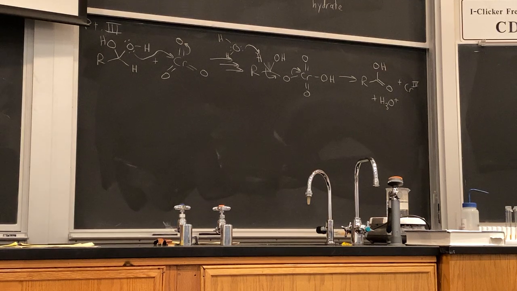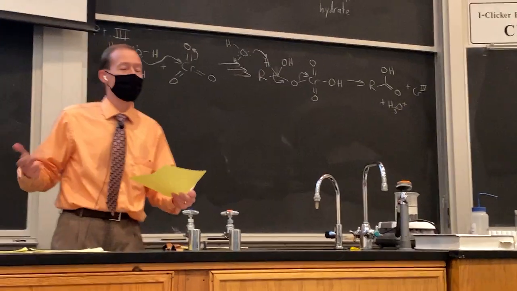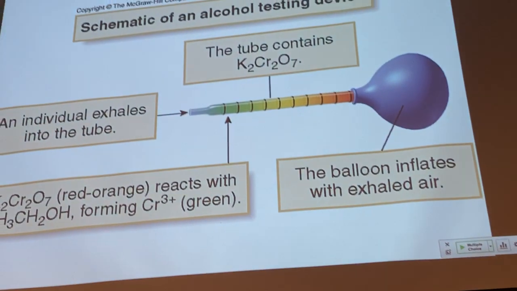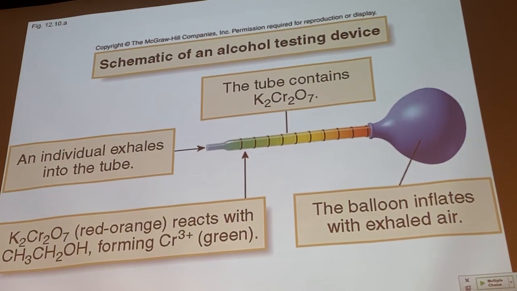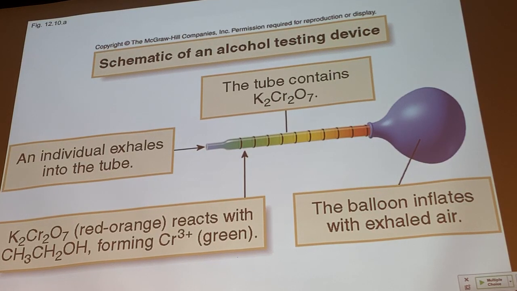Okay, so a practical application of these chromium oxidations was in early alcohol testing devices, or breathalyzers. We start with chromium 6, and at the end of the mechanism I've drawn for you, we end up with chromium 4.